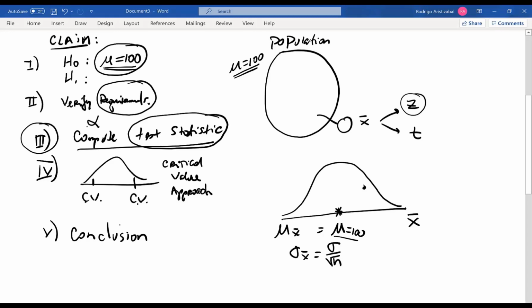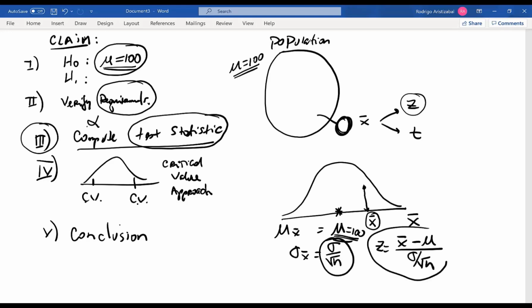If I select this sample located in my distribution here, the corresponding sample mean is this, then the z-score of this sample is this value minus the center, divided by the standard deviation of this distribution. Then this score will tell me how far away is my evidence from the center.